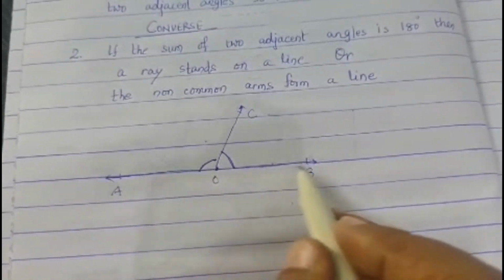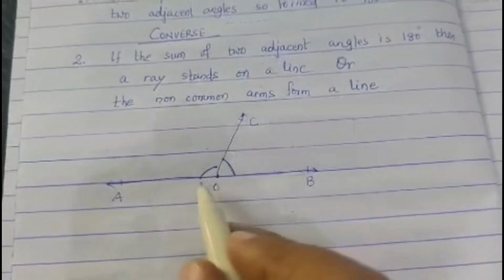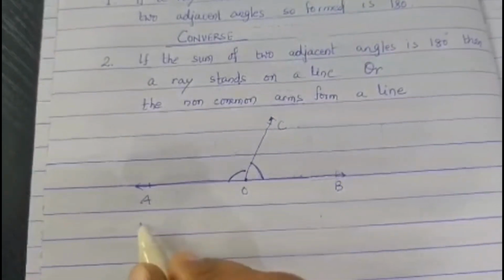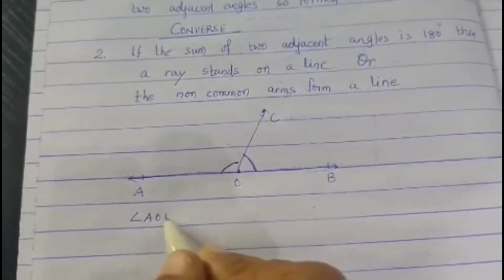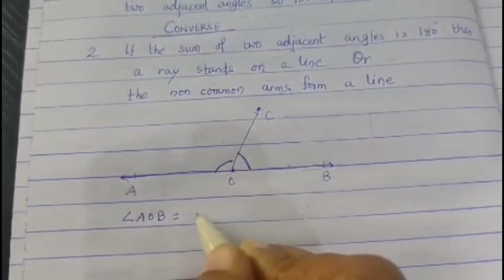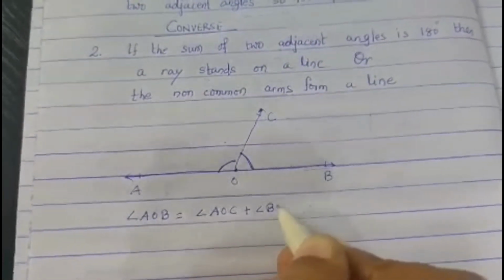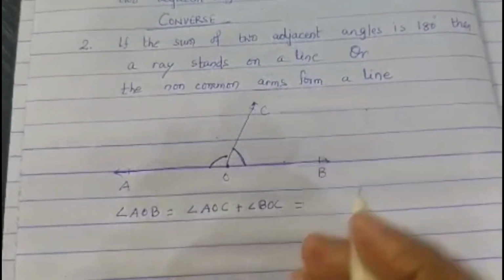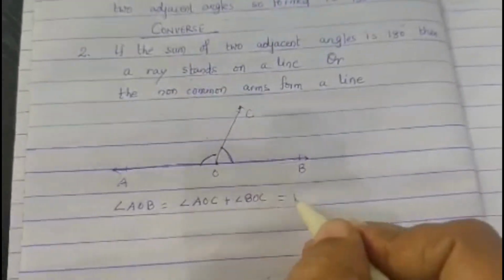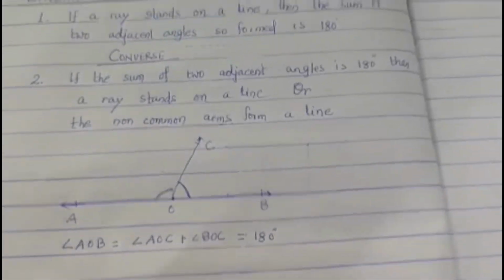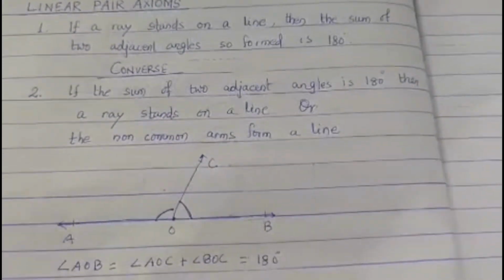Also they are forming a line, so these are linear pair angles. Here angle AOB is equal to angle AOC plus angle BOC, and that is equal to 180 degree. This is what the linear pair axioms say.